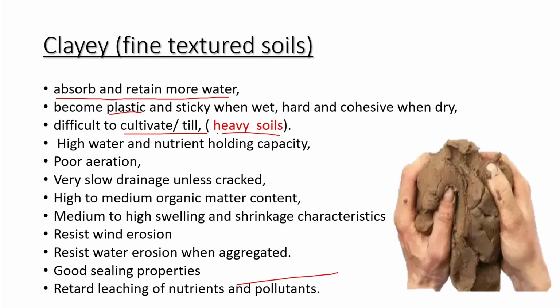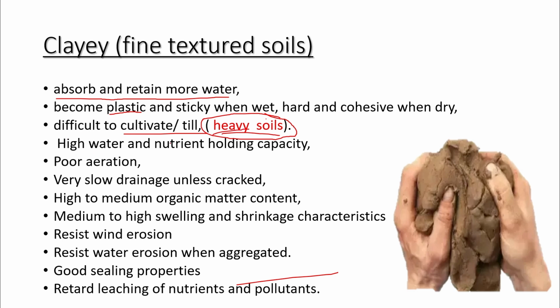So they are known as heavy soil. But we don't call it heavy because of its weight. Actually, clay soil is lighter in weight compared to sandy soil of equal volume. We call it heavy soil because it is difficult to cultivate or till.